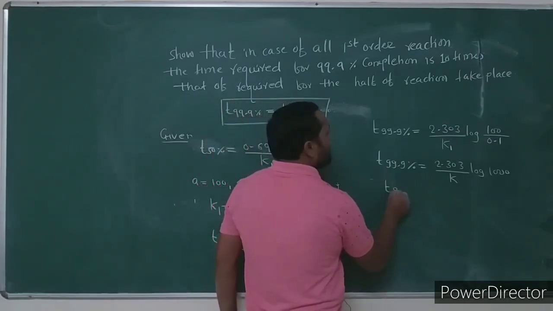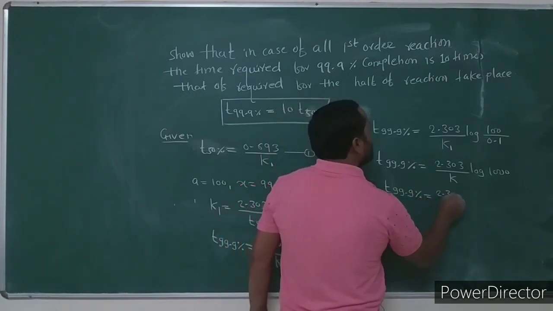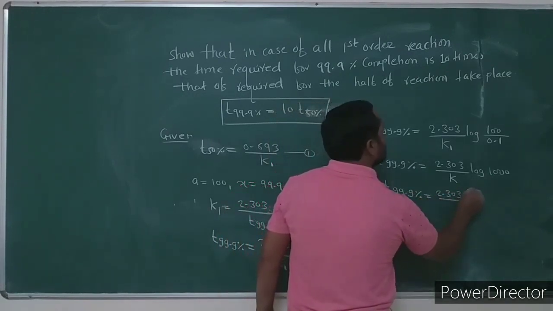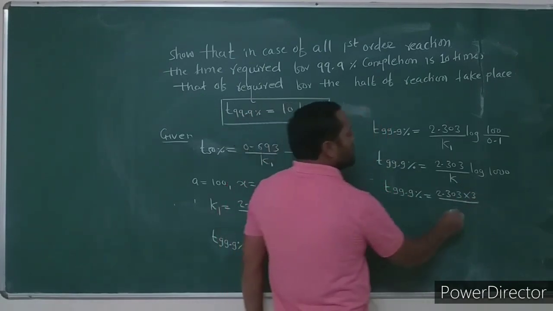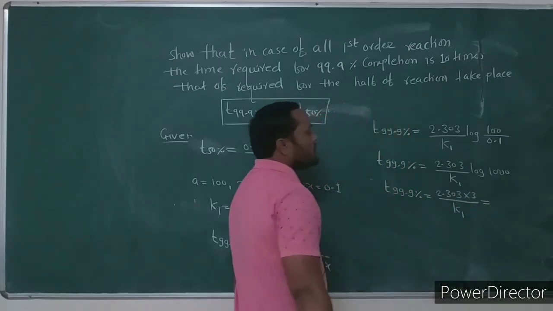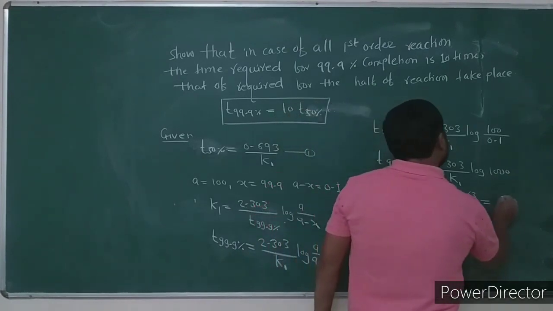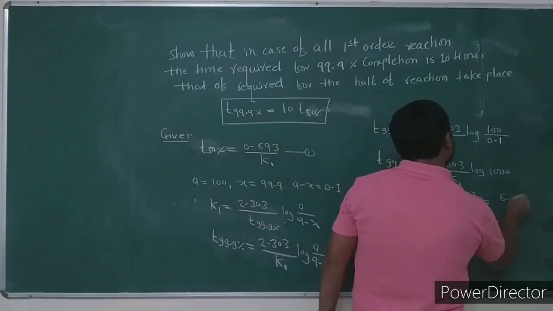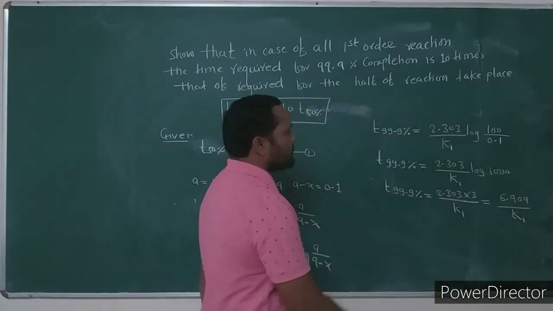Then T 99.9% is equal to 2.303 log of 1000, which is 3, divided by K1. Then solve this: T 99.9% is equal to 6.909 divided by K1.